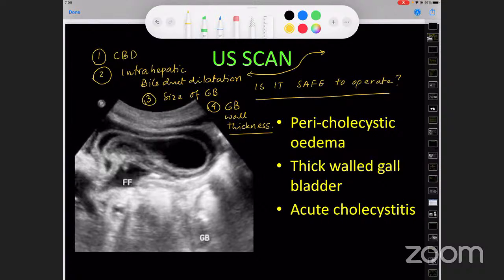Dr. Mukherjee, we have some questions from here. What are the indications for a HIDA scan? Sir, definitely, I will write these questions before I forget. HIDA scan, definitely. I was intent on asking this. And also signs of impending rupture of the gallbladder on the ultrasound.